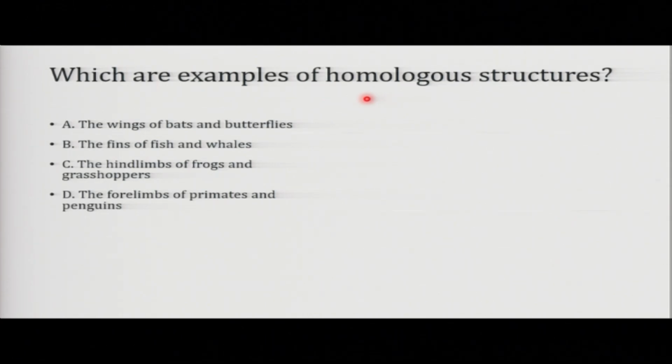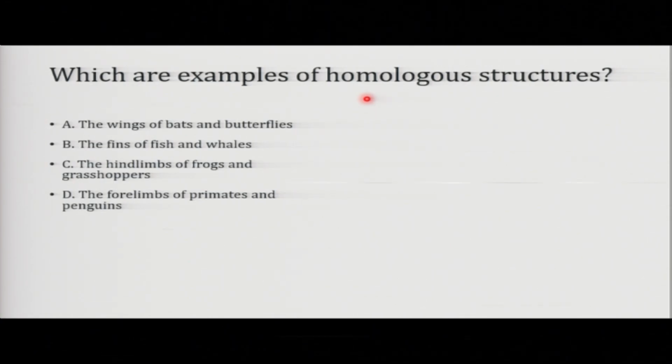Or different in terms of what they do, but having similar structures in terms of origin? So when we look at the wings of bats and butterflies, some are arthropods, the others are mammals. What's the connection? Fins of fish and whales. Whales have flippers. Fish have fins. Whales are mammals.